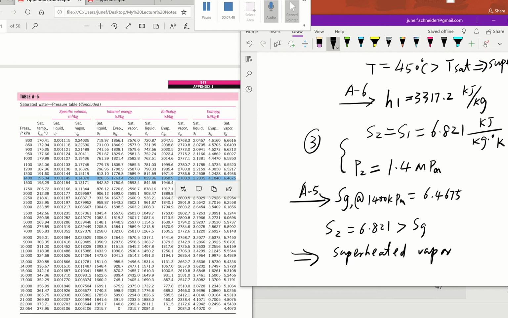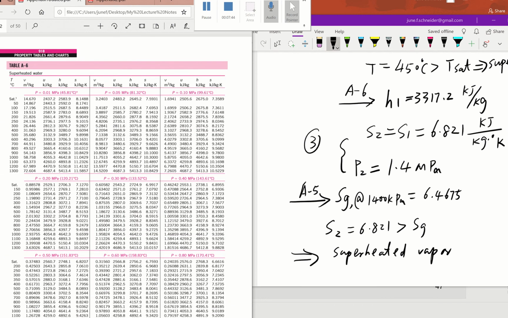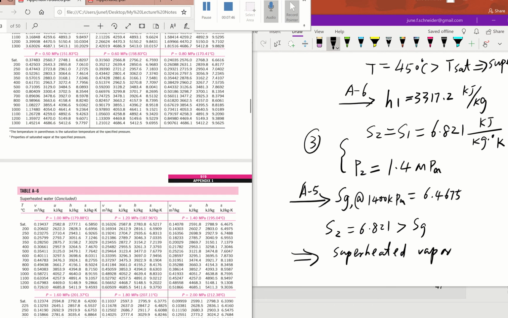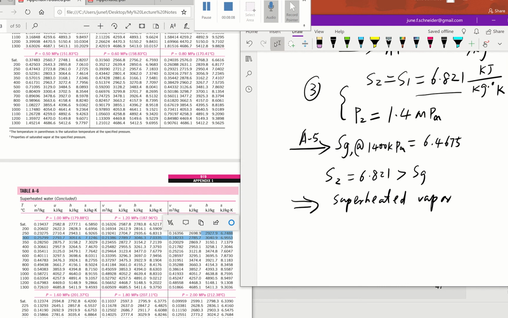If it is a superheated vapor, we go to table A6 and find 1.4 megapascal. Our S value of 6.821 is between two values, 6.7488 and 6.9553. It looks like we need to do a little linear interpolation.